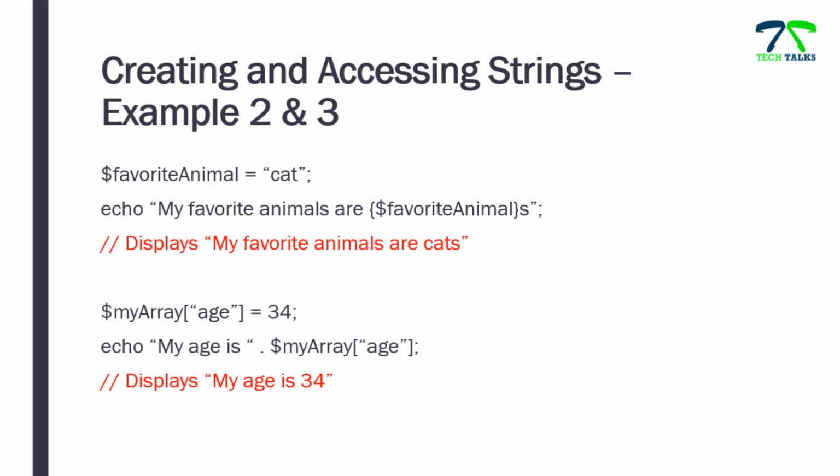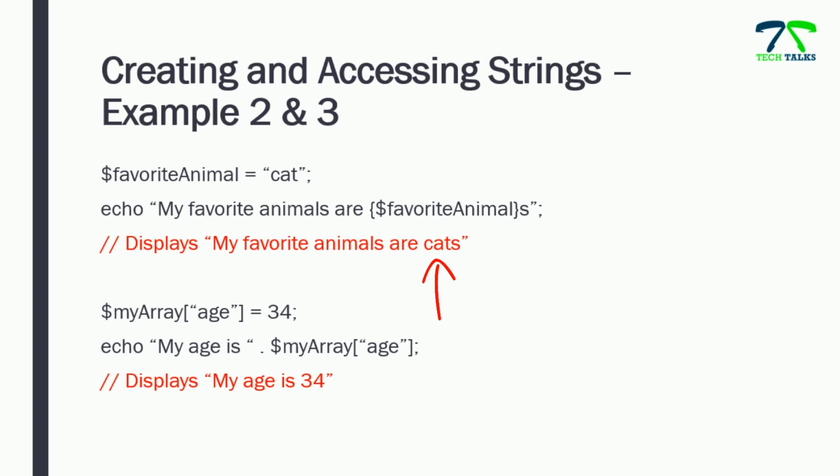And we have two more examples here. I have stored the string value cat to the variable favoriteAnimal and displayed it using curly braces, so it will display my favorite animals are cats.